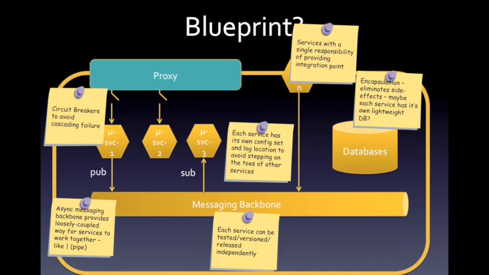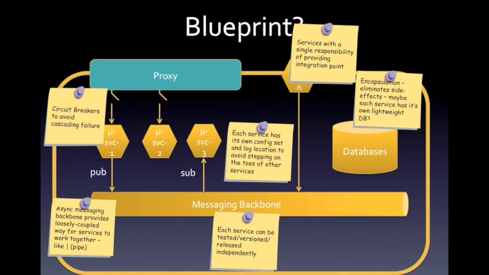In this example here, we have a service that has the responsibility of providing an integration point. A lot of the products and systems I've worked on in the past have had either inbound or outbound integration points, and a service for each of those flavors of inbound and outbound integration points is perfect for that.